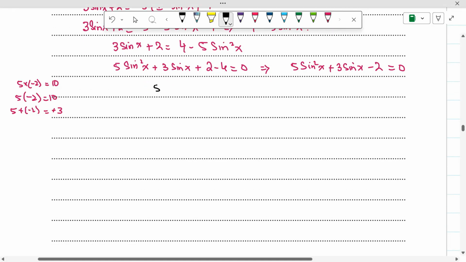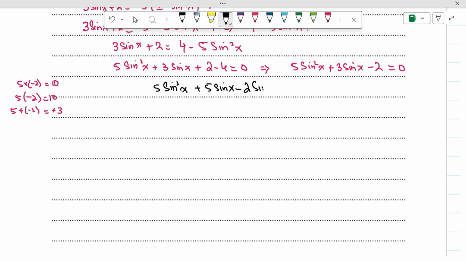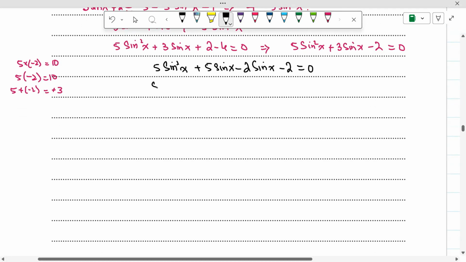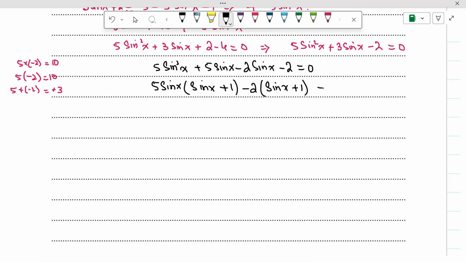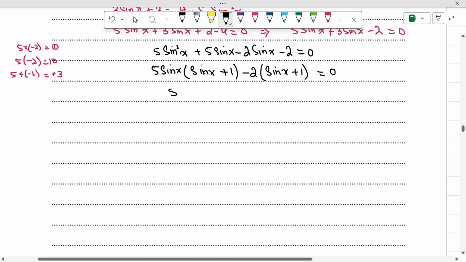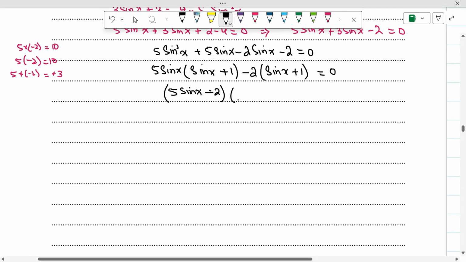We can write it as 5 sine square of x plus 5 sine of x minus 2 sine of x minus 2 equal to 0, and when we take 5 sine x common, we will have sine of x plus 1, and minus 2 common, this will be sine of x plus 1 equal to 0. So we will have 5 sine of x minus 2 times sine of x plus 1 equal to 0.